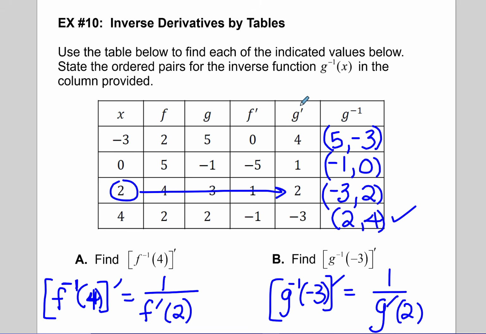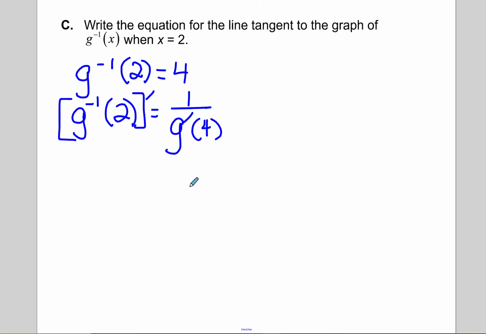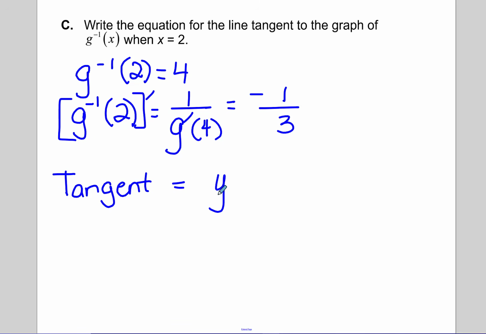So G prime at 4 is -3, right? Is -3. So our tangent line, we've got a point and a slope. The tangent line is y equals -1/3 x minus 2 plus 4.